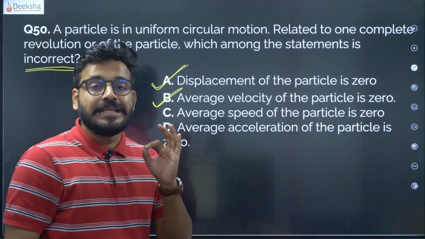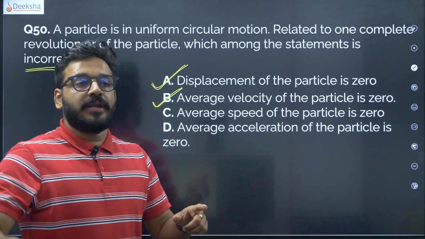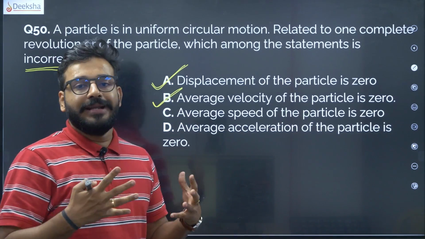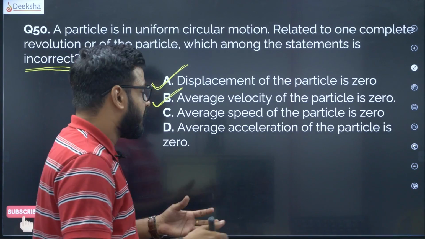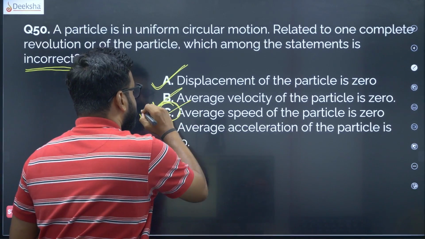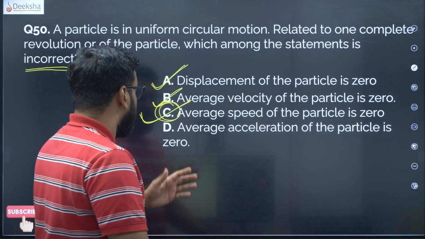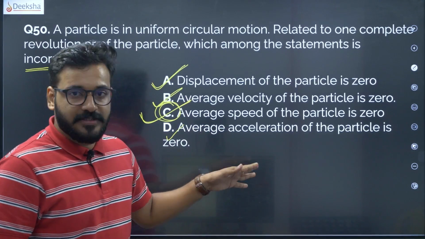Now this is an incorrect statement as far as circular motion is concerned. When it completes one complete cycle, the speed doesn't become 0, because speed is a scalar quantity and it doesn't depend on the direction. So here our answer is option C. The incorrect answer is option C. D is also true: average acceleration of the particle is 0. Yes, that's also correct.